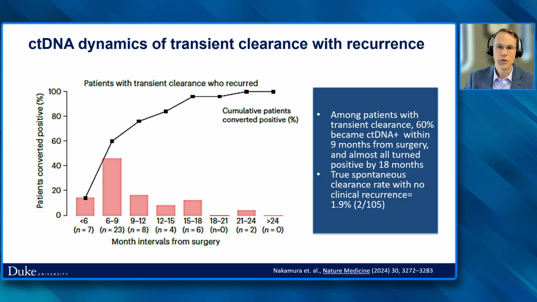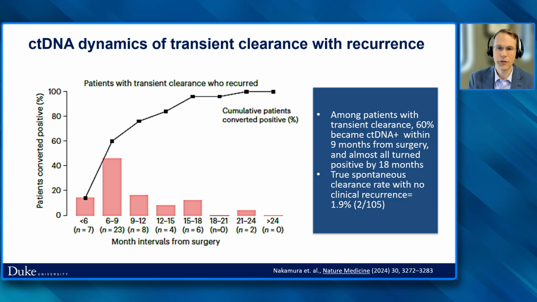So when you have a patient in front of you, maybe they're positive and they clear, and they're nervous about whether they will relapse, whether it'll be a sustained clearance or not, the question that will come up to you as a clinician is, well, when do I know I'm in the clear? And this is, once again, data that comes to us out of Japan, where they looked at this question of transient clearance.